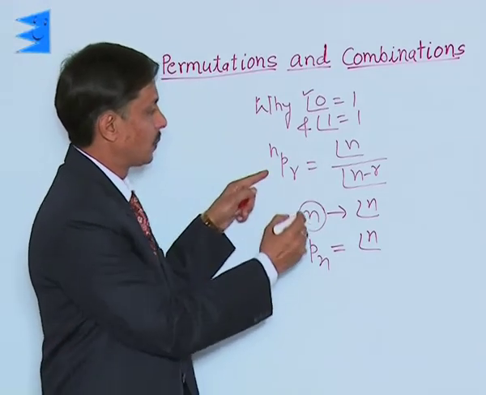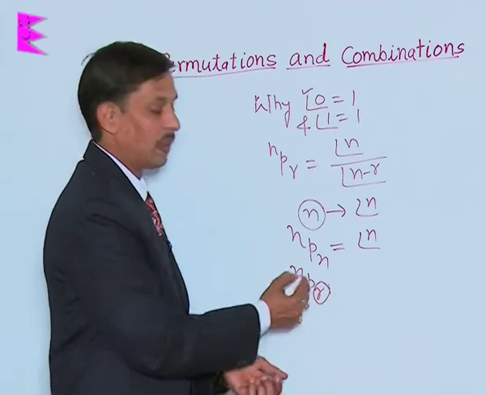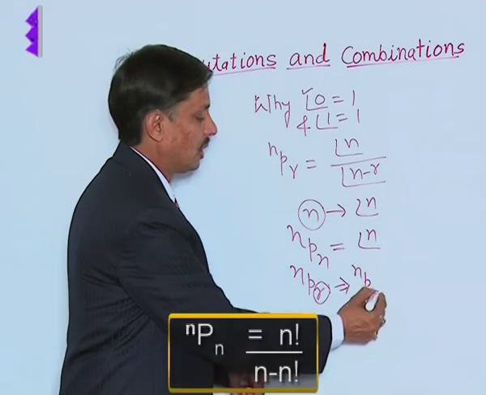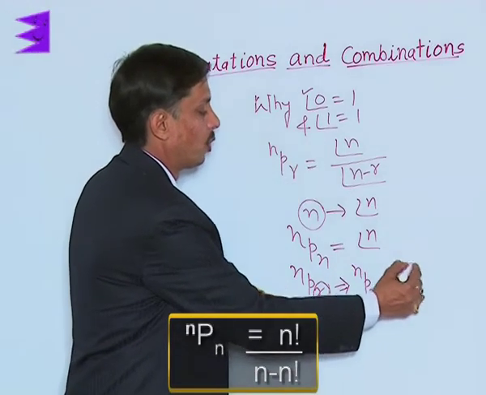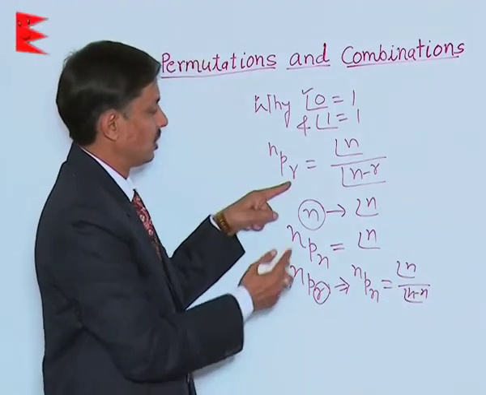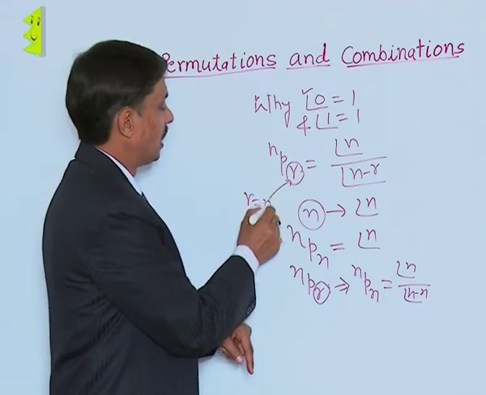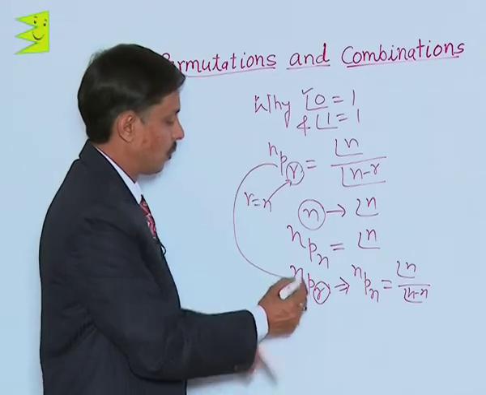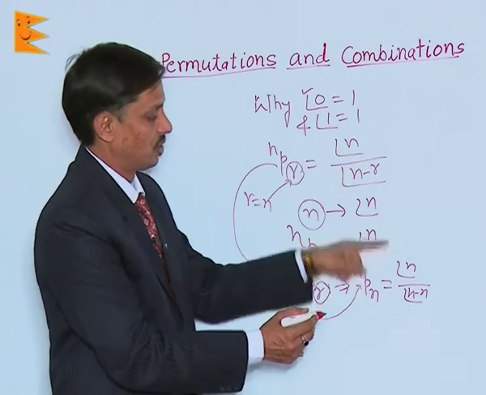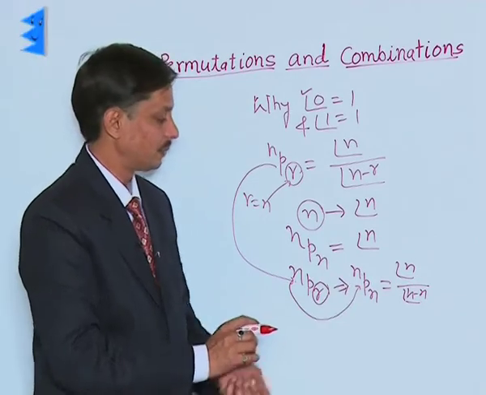So in this formula of nPr, if I ask you to replace r by n, what is going to happen? nPn is equal to factorial n upon factorial n minus n. Because in this result I am replacing r by n, the formula becomes nPn equals, on the right-hand side, factorial n upon factorial n minus n.